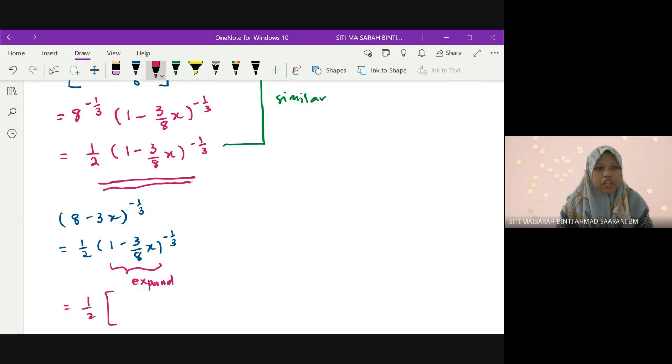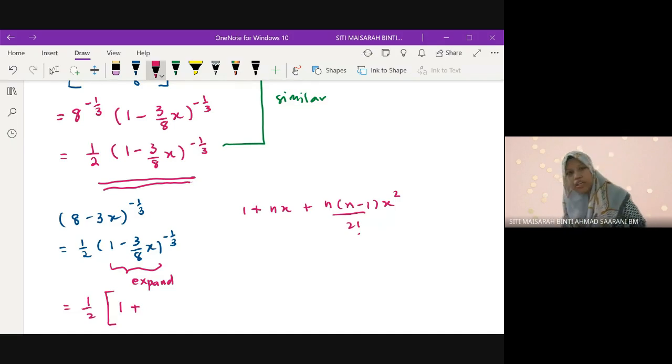So then the formula is 1 plus nx plus n times n minus 1 x square over 2 factorial. It needs to go up to term x square, right?